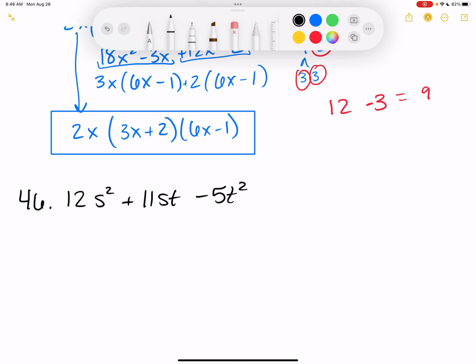So I need factors of 12 and negative 5, so basically of negative 60, that give me positive 11. Any idea what those factors might be?